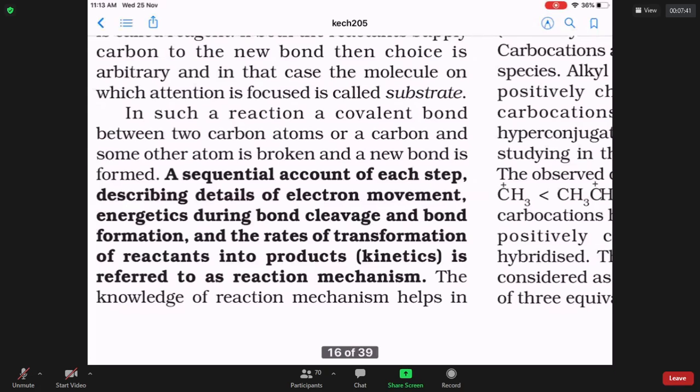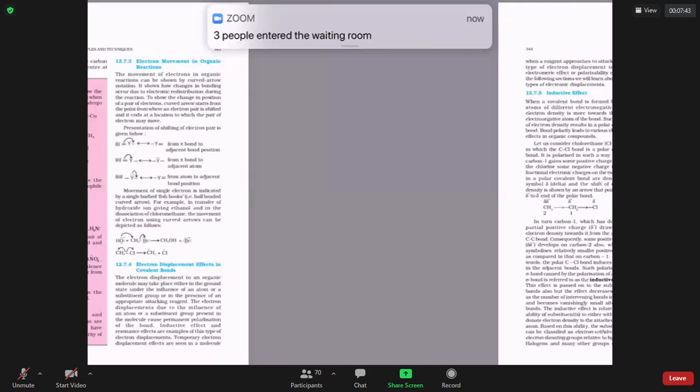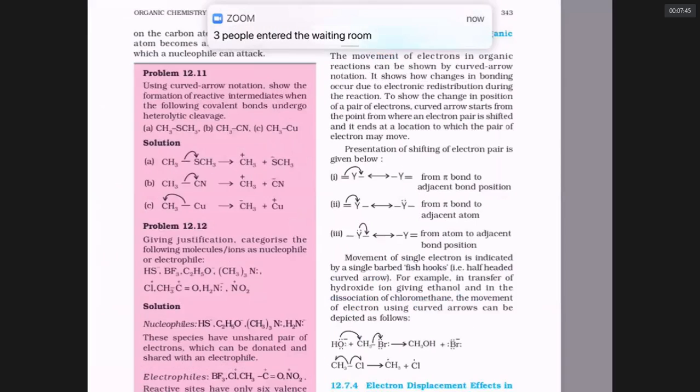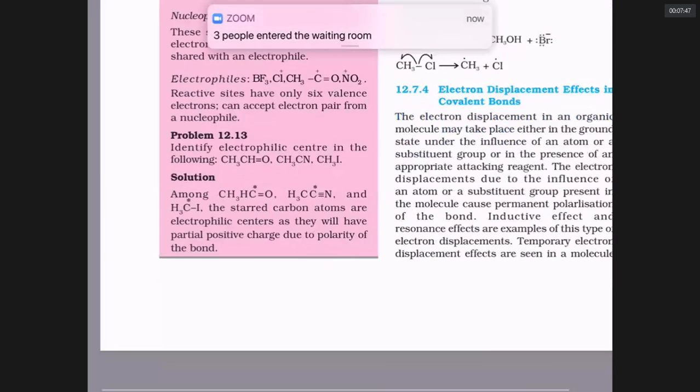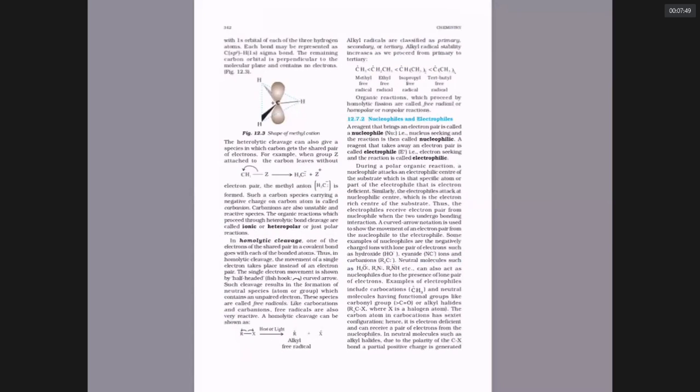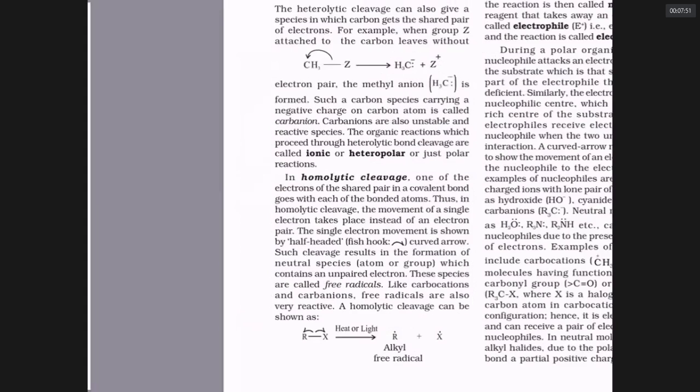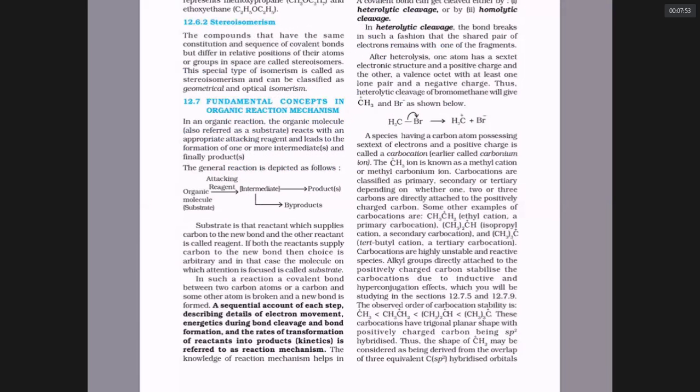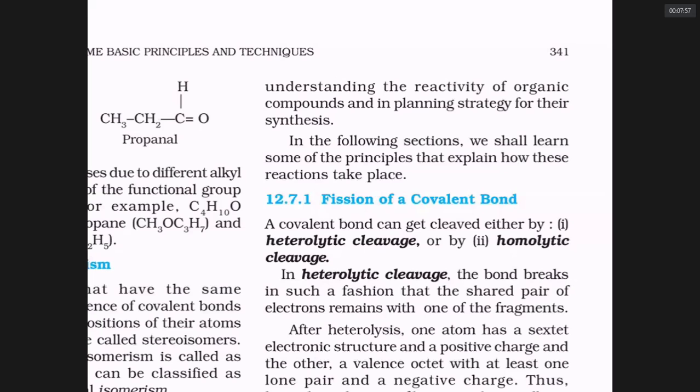Knowledge of reaction mechanism helps in understanding the reactivity of organic compounds and in planning strategy for their synthesis.